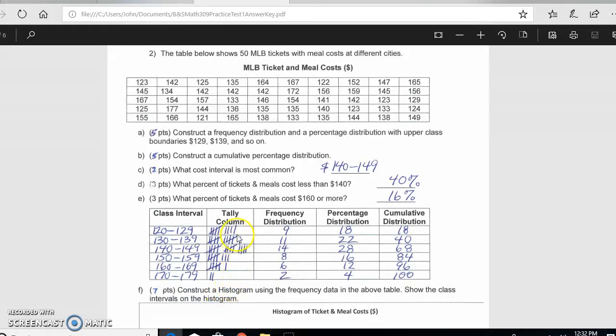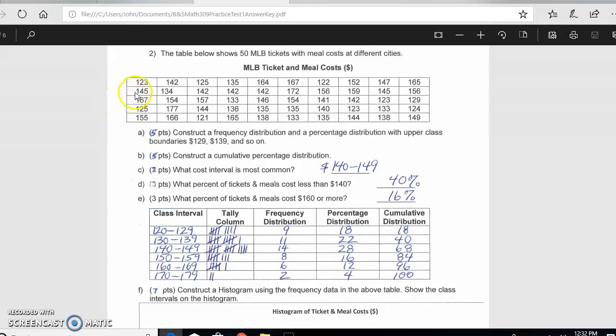In the second column, we are going to keep track of the tally amounts as we work through the different meal costs in the table. We would begin to work down through this table. We would look at the first ticket and meal cost here, 123, and make a tally mark in this class interval, because 123 is between 120 and 129.